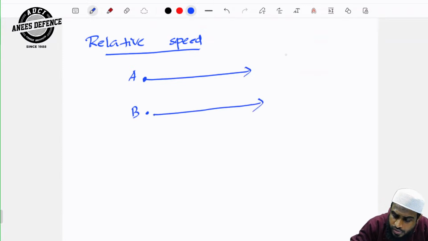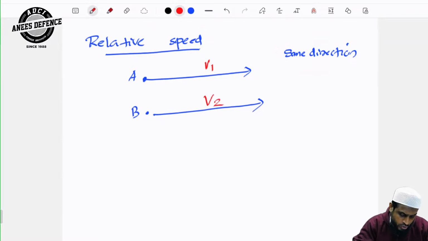The direction of movement is the same. But A is moving with a velocity of V1 and B is moving with a velocity of V2. Then the relative speed can be written as follows.